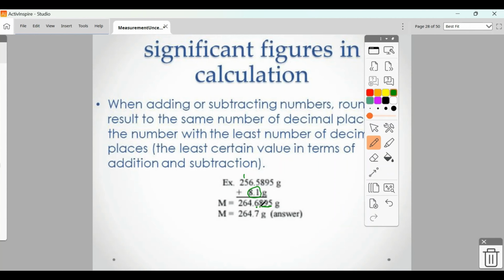I will look at the next number after this 6, which is 8. If it is greater than 5 or 5, I will round it up. If it is less, I will leave all these numbers. So because 8 is greater than 5, I will round here. So my answer would be 264.7 gram. This is the answer after rounding.